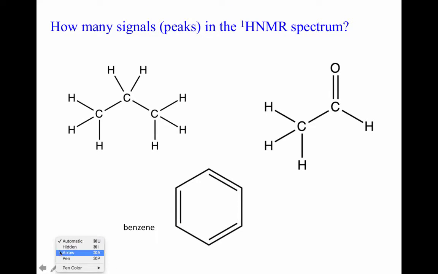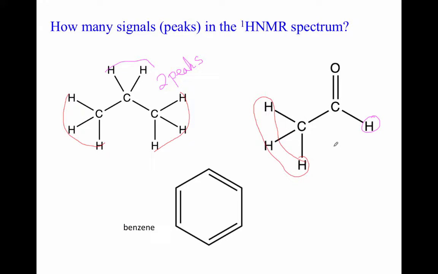Now take a moment and look at these molecules. Pause, make sure you have an answer. Okay. In this one, these hydrogens are one environment and these are another, so I will have two peaks. I have this hydrogen and these hydrogens, so I'm going to have two peaks.